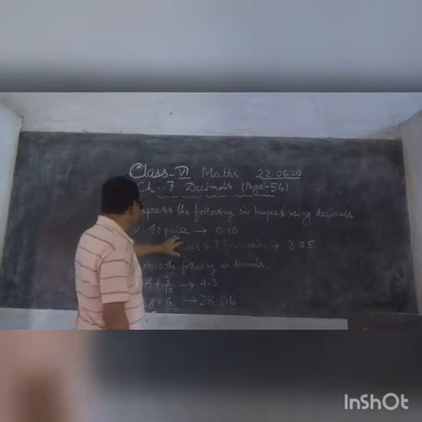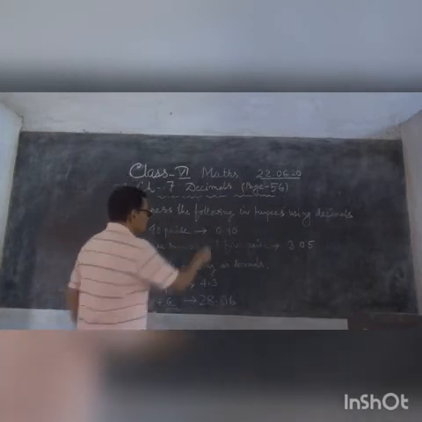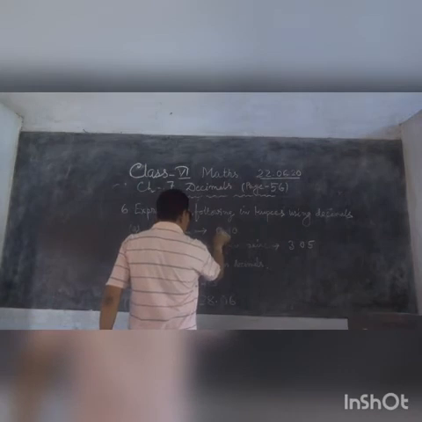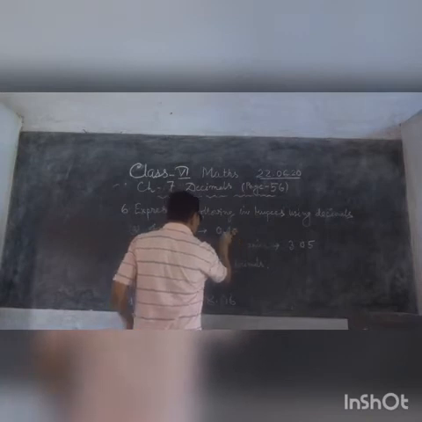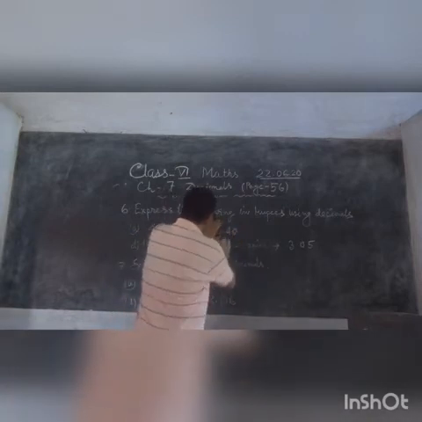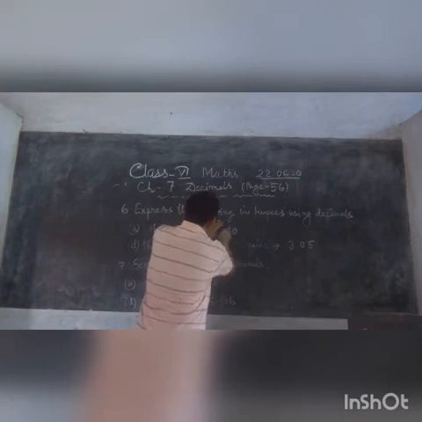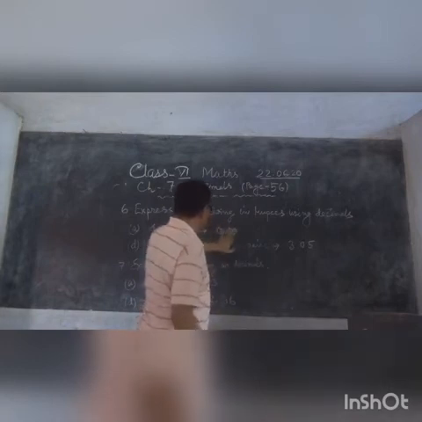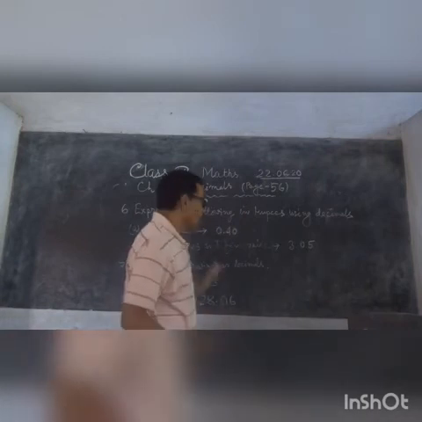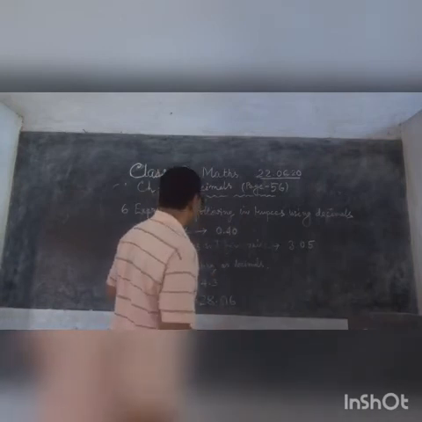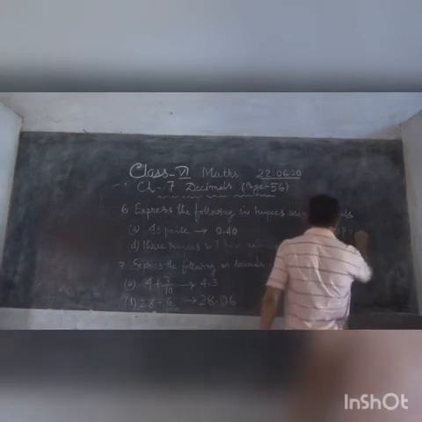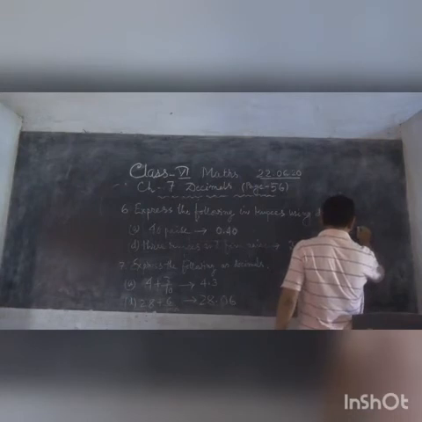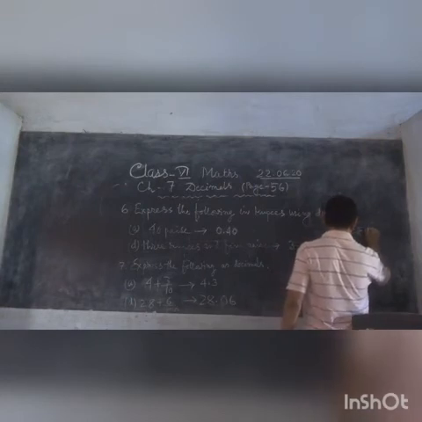So we can write 40 paisa as rupees 0.40. 40 paisa is 0.40 rupees. And when we write in paisa, only 40 paisa, 40p equal to, we can write it as rupees 0.40.